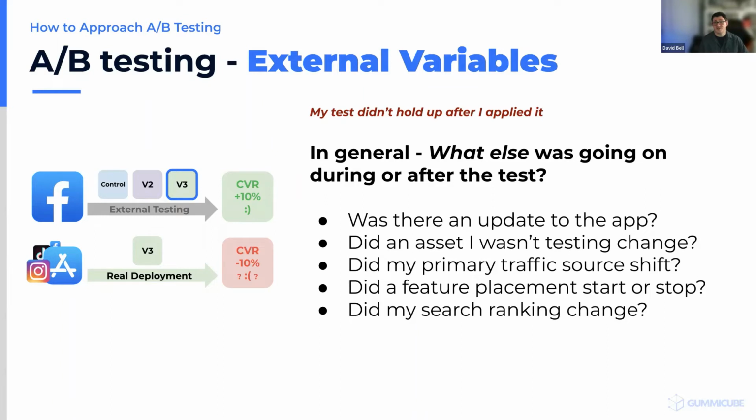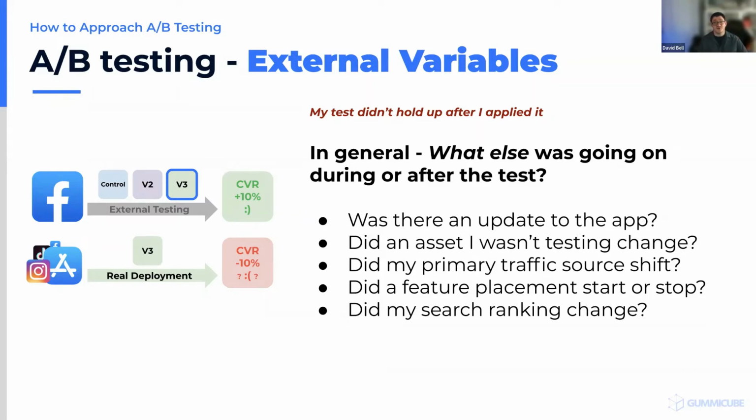And was there any change in your primary traffic sources? If you're running an A/B test and 50% of your traffic comes from Facebook, and then when you deploy that A/B test, you cut back on a marketing campaign and only 20% of your traffic is coming from Facebook, you're going to see different results because the traffic source has changed.